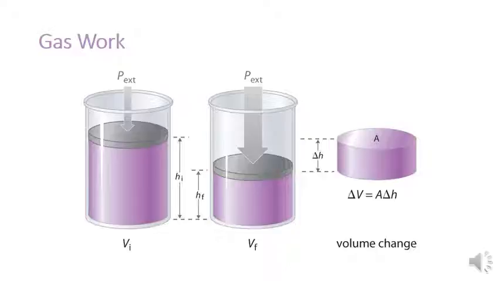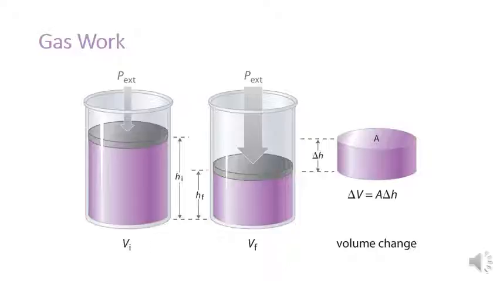So if the volume of this container is decreased, that means the pressure inside the container is increased. We end up with a change in volume of the gas. In this case, work was done on this system. That means the internal energy of the system had to increase.